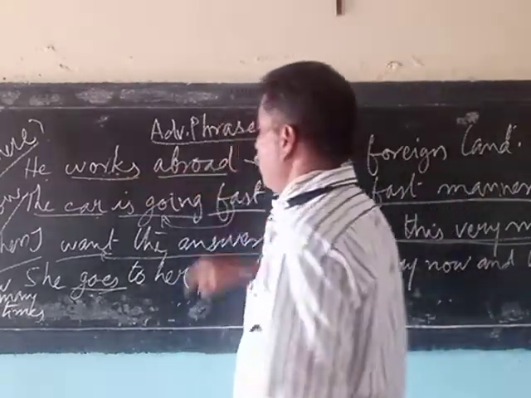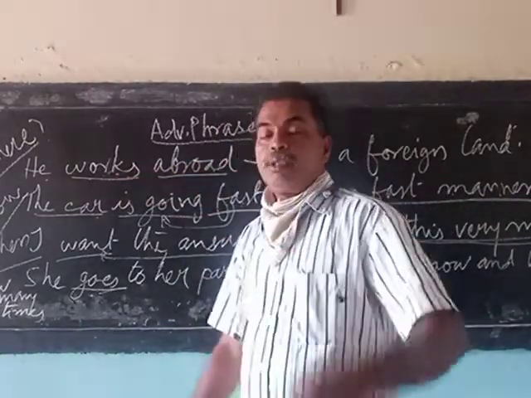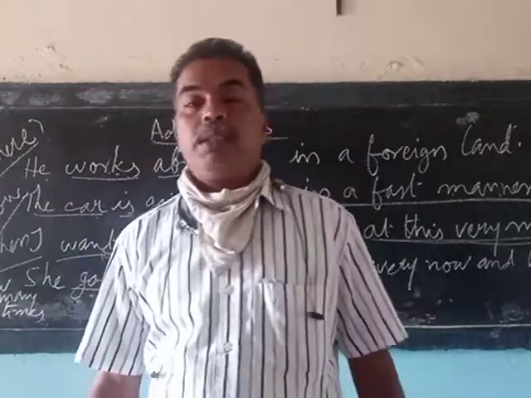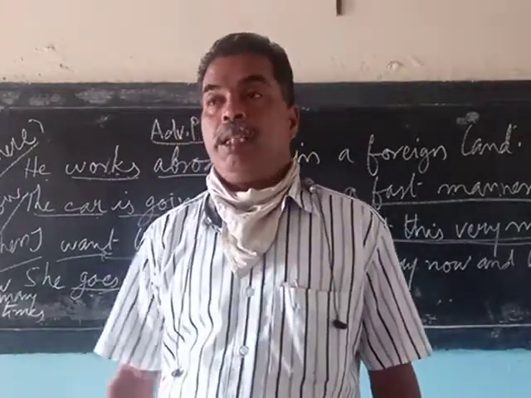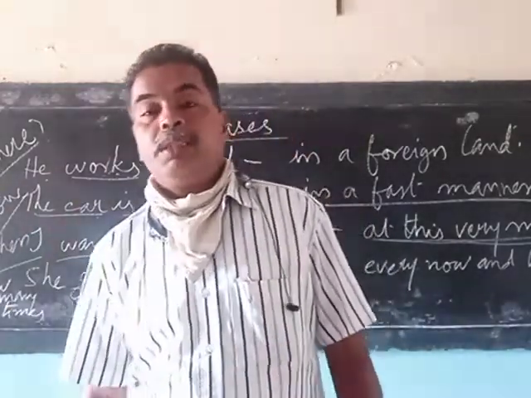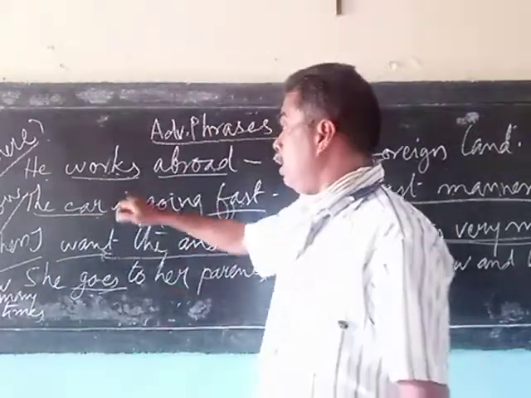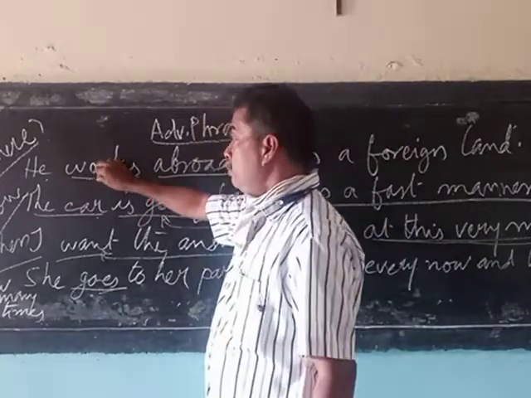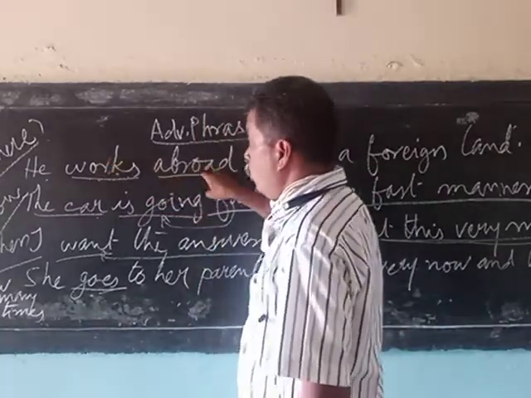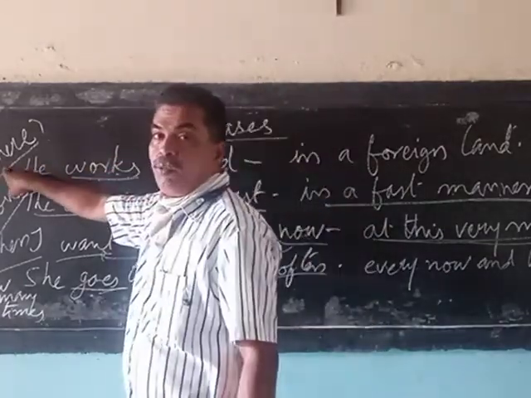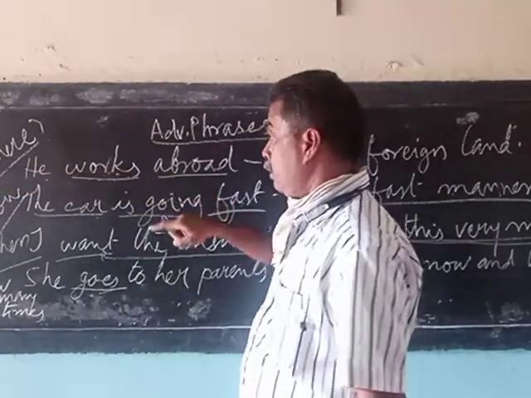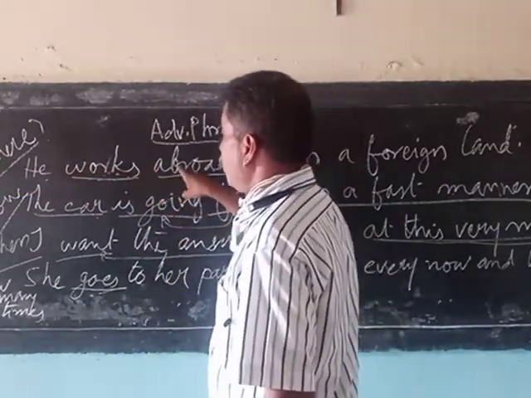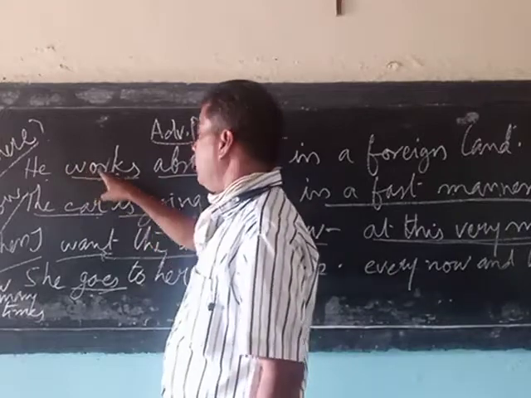Now let's look at this. He works abroad. While talking to your friend, you ask about his brother, and your friend says he works abroad. Works is a verb, and abroad is telling us where he is working. It talks about the place of this action.